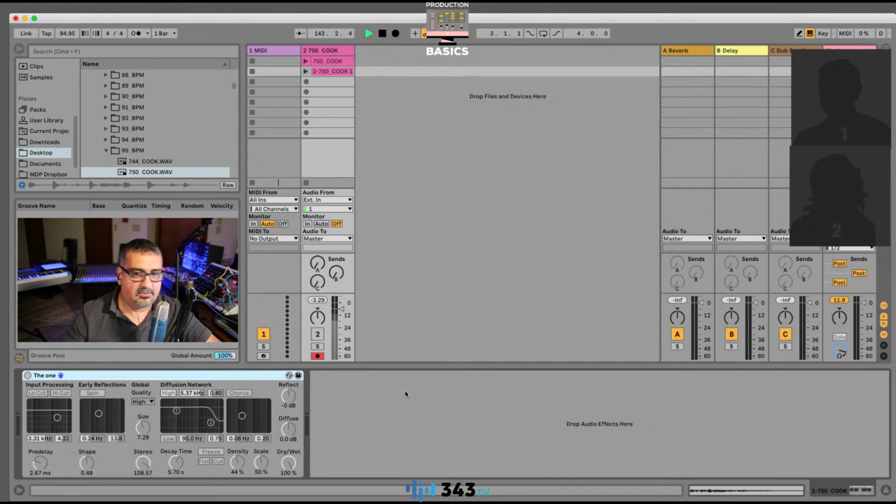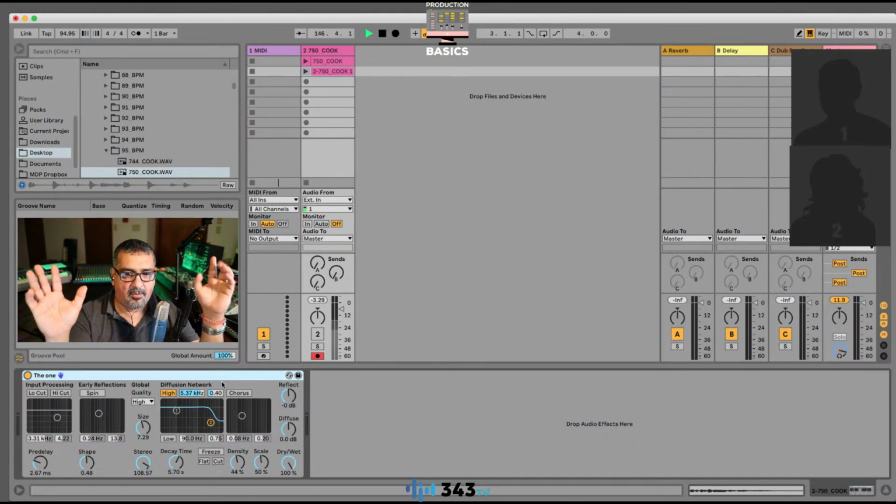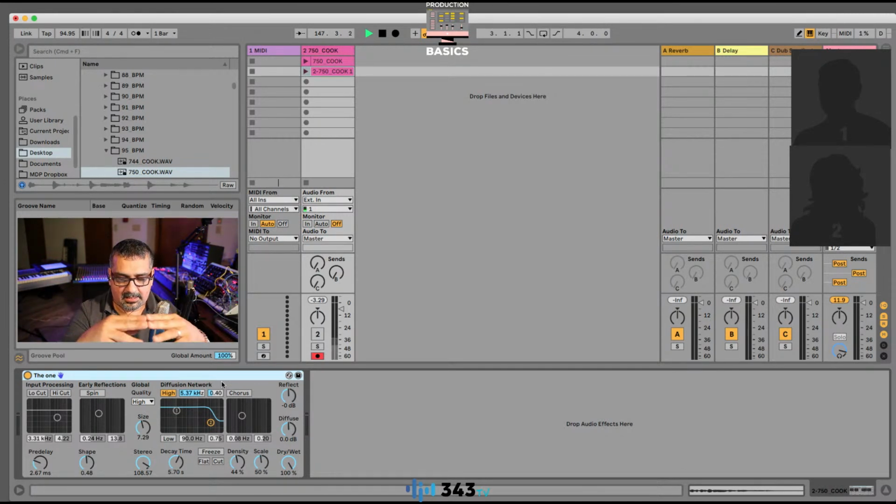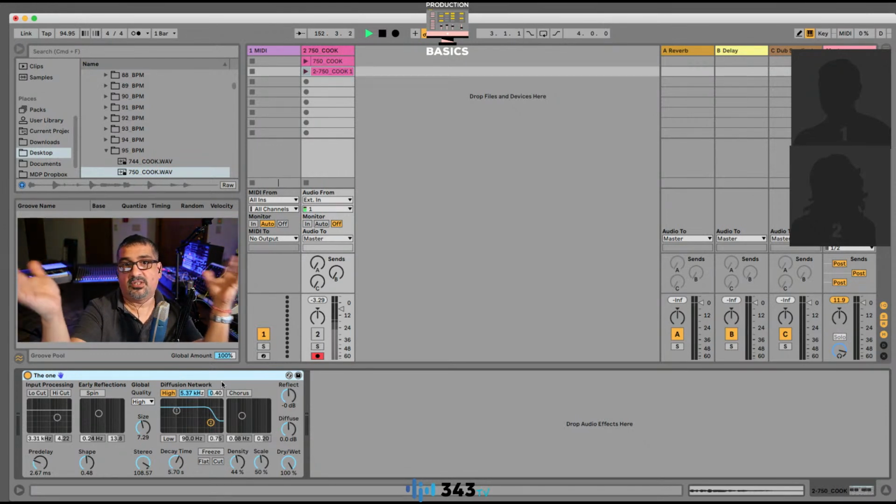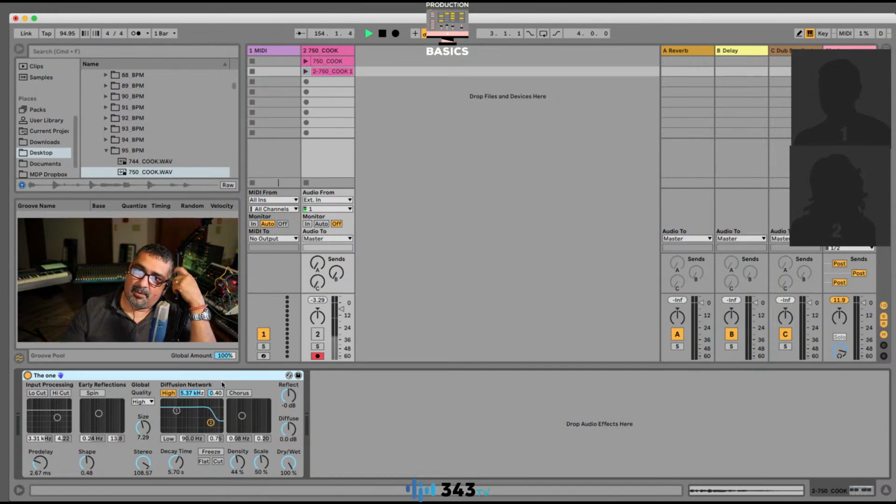Now, I did mention there was another type of reverb, and that would be the convolution reverb. And I want to just get that out of the way before I go into explaining the algorithmic reverb fully. The convolution reverb uses a really interesting technology, which is they take something called an impulse response, which is basically they steal the soul of a particular space by recording an impulse response.